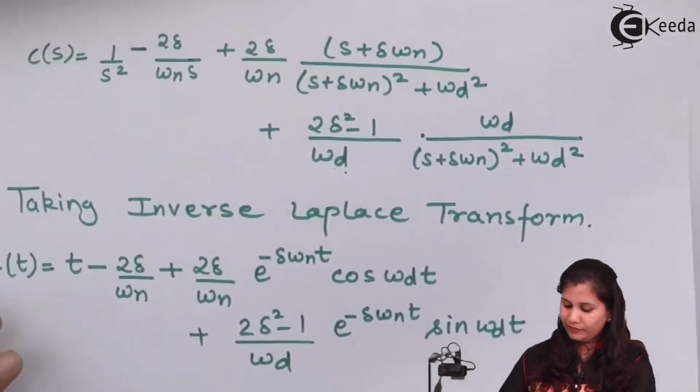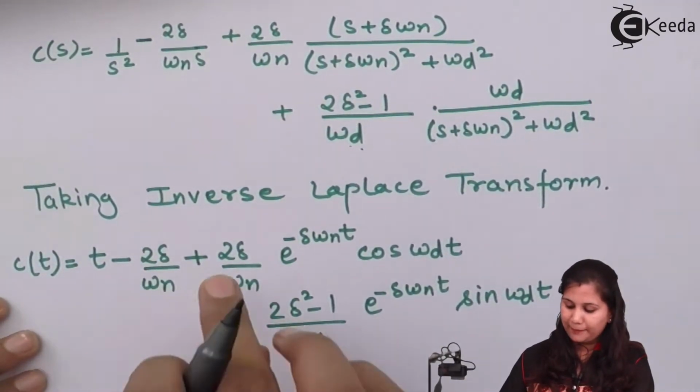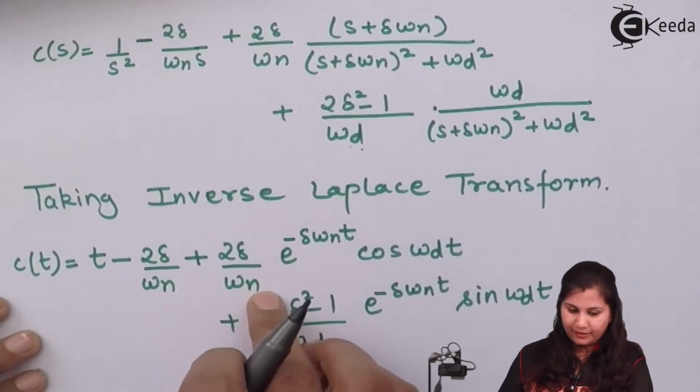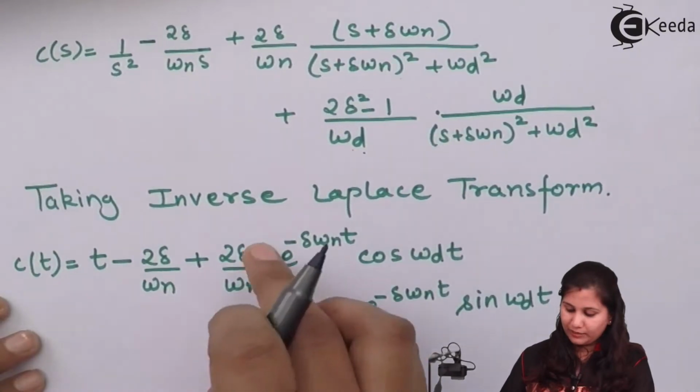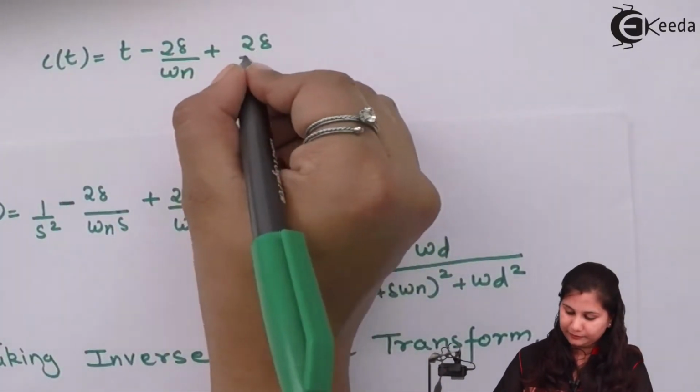Now in this we have t as it is minus 2 del upon omega n as it is plus 2 del. Now omega n can be written as, here we have omega n, so we can multiply and divide it by under root of 1 minus del square.